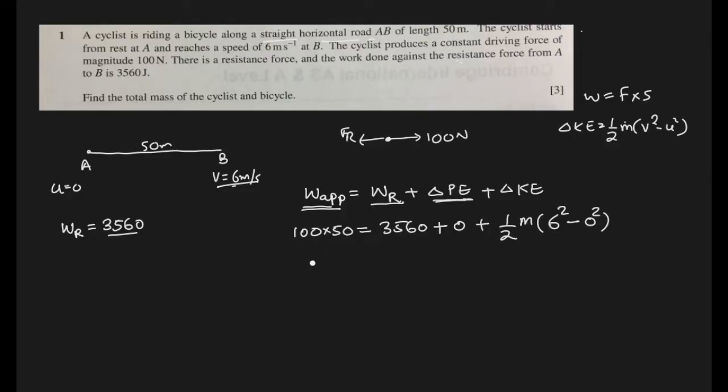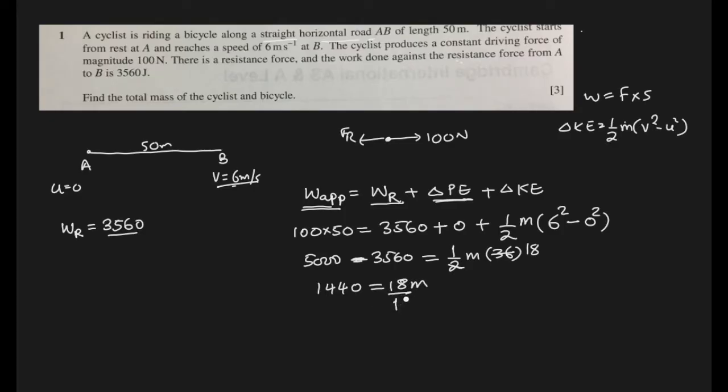Okay, so it is 5000, let's bring this to the left side. So 3560 is negative now, equal to half m times 36. We can cancel this here, 18. All right, so now 5000 minus 3560 will be 1440, equal to 18 m.